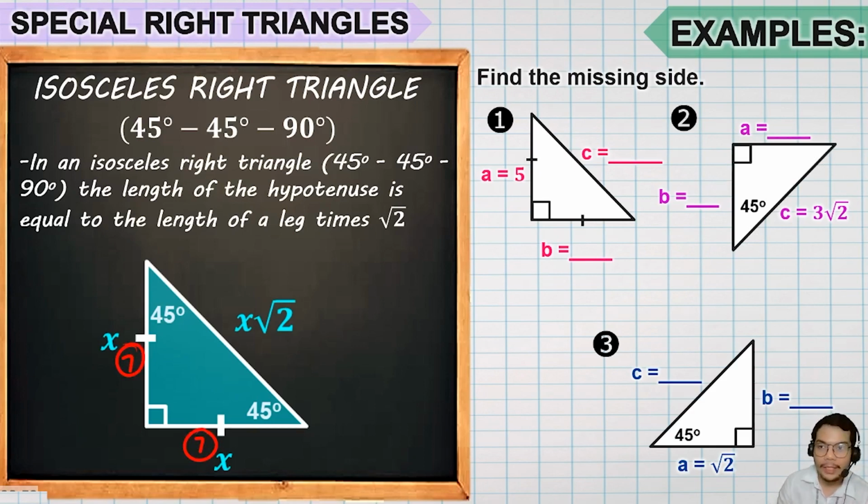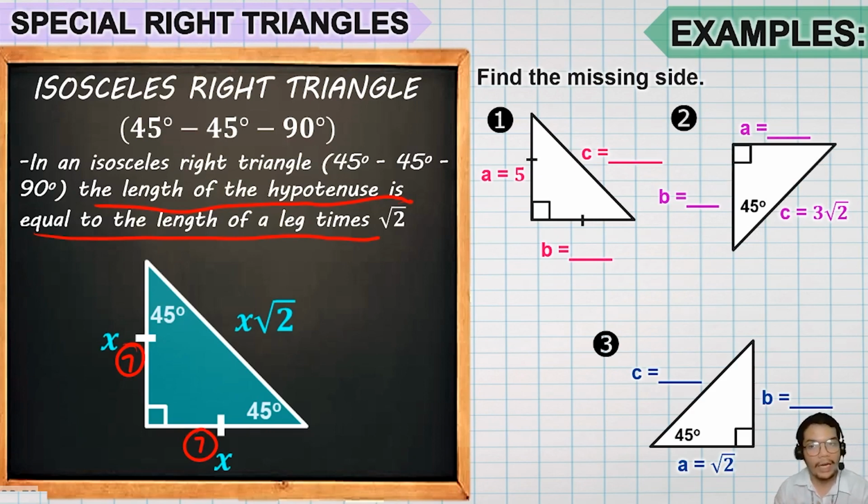So, another idea why it is special compared to other right triangles is that it says here that the length of the hypotenuse is equal to the length of the leg times square root of 2. Usually, when we are dealing with right triangles and we are to identify the measurement of its sides or its missing side, ang ginagawa natin madalas ay gumagamit tayo ng Pythagorean theorem.